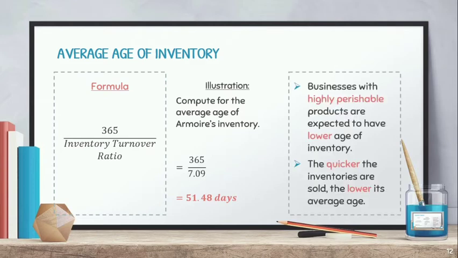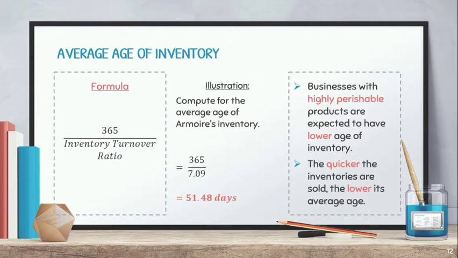Businesses with highly perishable products are expected to have lower age of inventory. So ganina bitaw ang atong inventory, kung highly perishable gani ang imong product, higher inventory turnover, pero lower age of inventory. The quicker the inventories are sold, the higher its inventory turnover. Then karon, the lower its age naman.